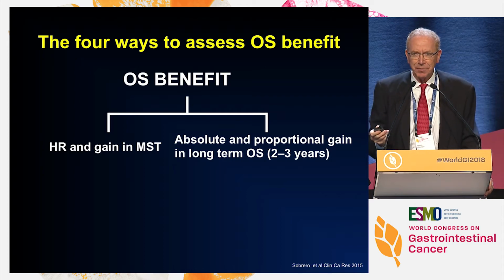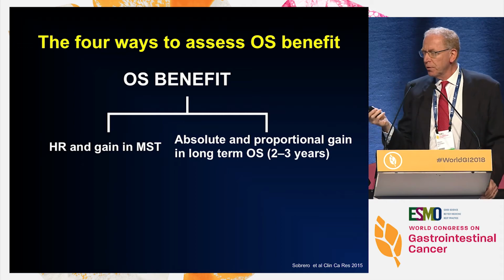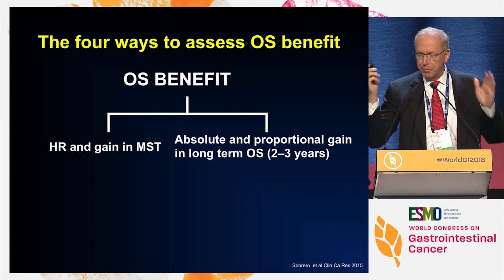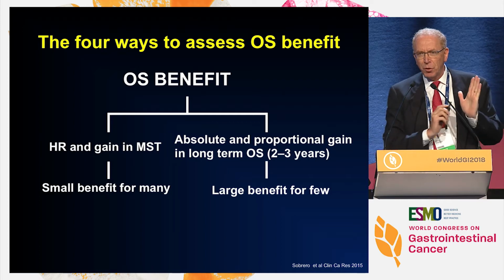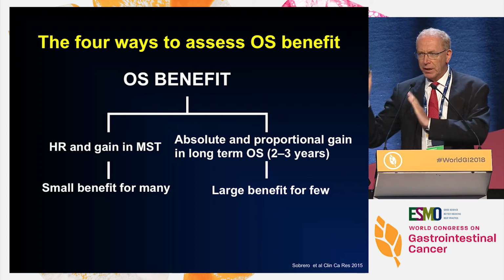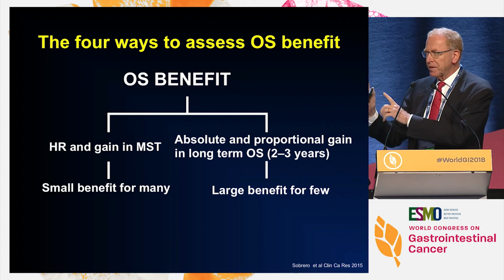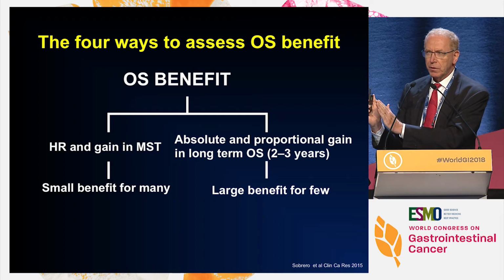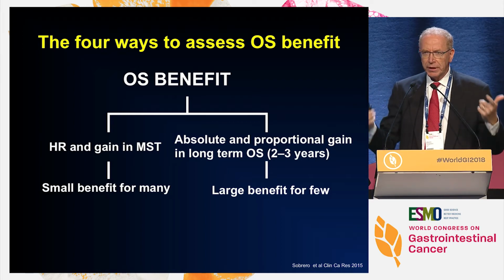And these have different clinical implications. The first of all is that they reflect a different type of benefit. Hazard ratio and median survival times usually represent a small benefit for everybody, whereas the long-term effect represents a huge benefit for a very tiny patient population. Do these have impact on our clinical practice?